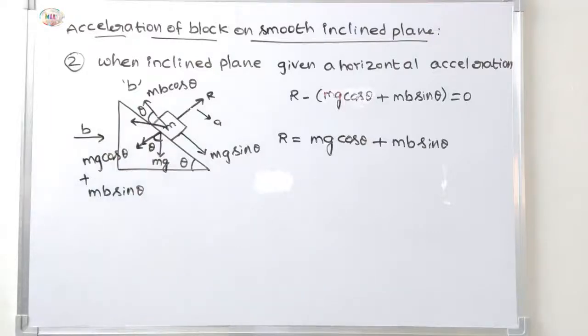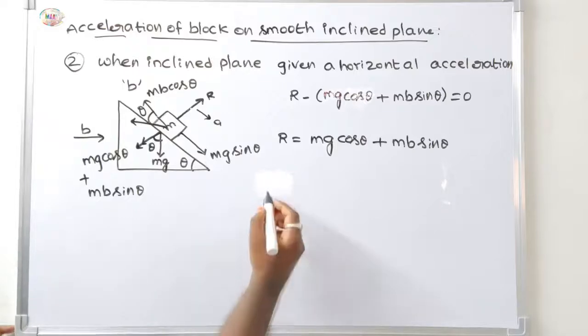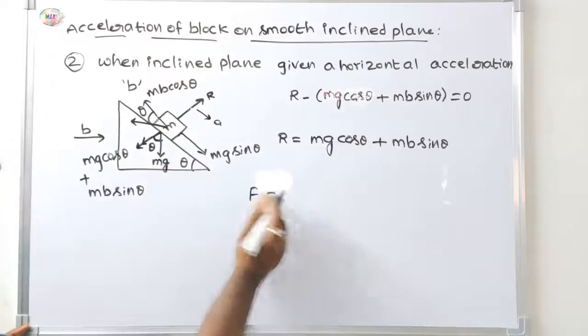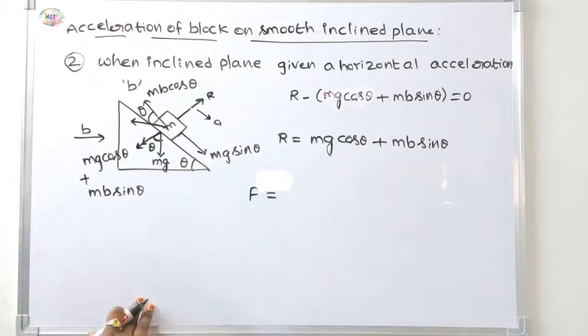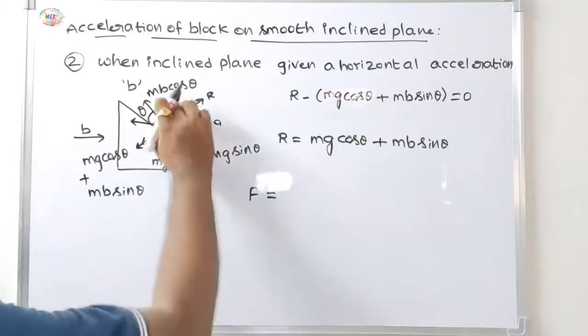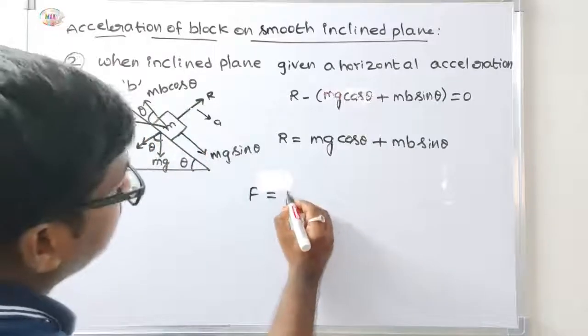And F is equal to mg sin theta minus mb cos theta.